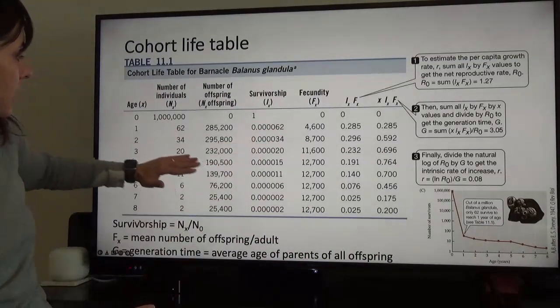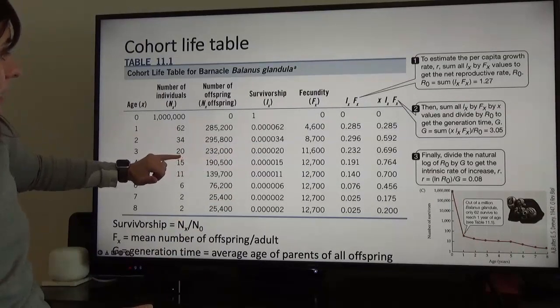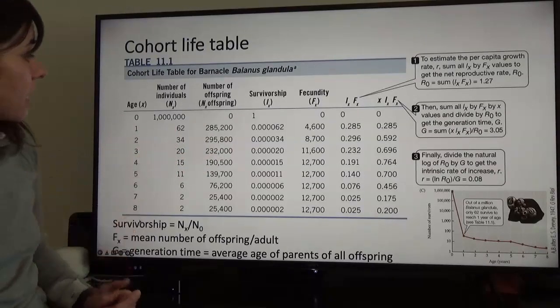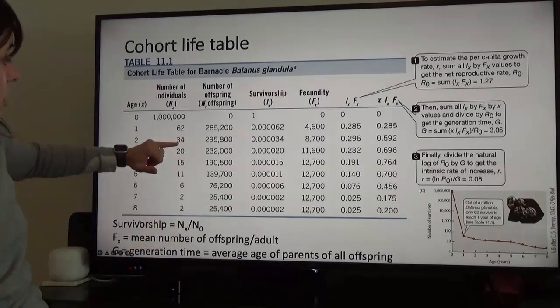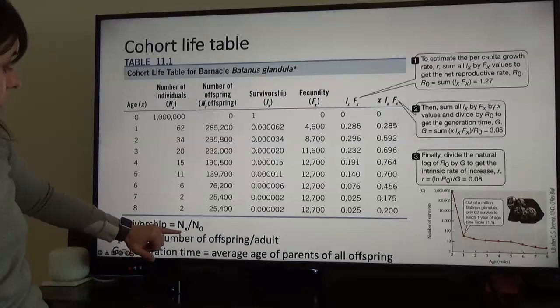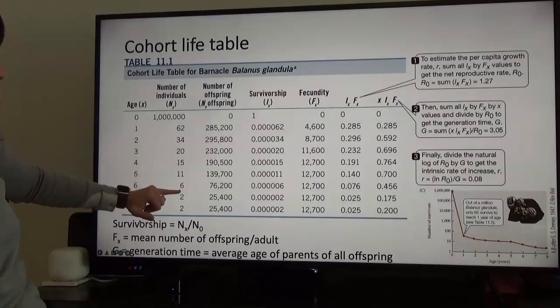And not surprisingly, as we move up through our different categories, we have changes in that survivorship, okay? And so we can then use the same calculation to look at survivorship across all of these time intervals.